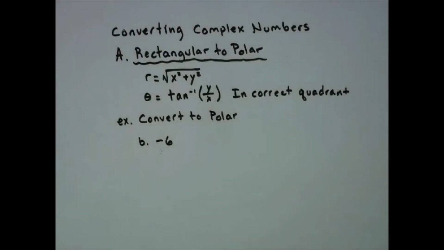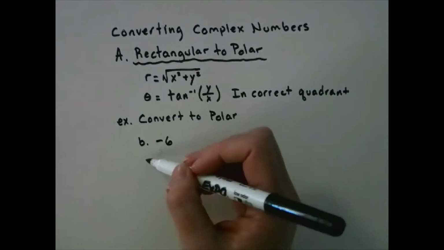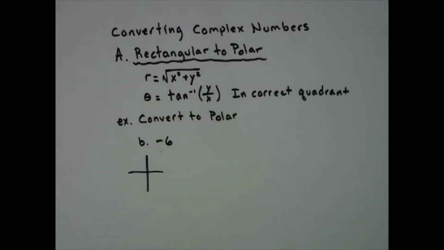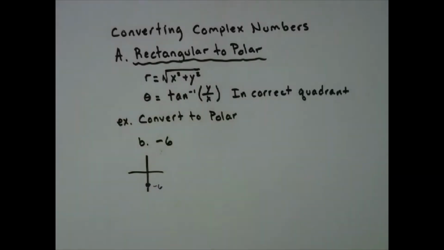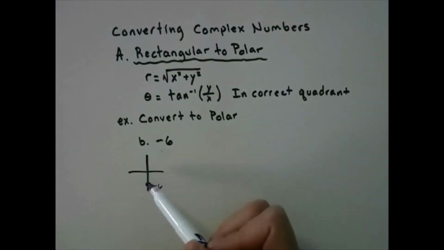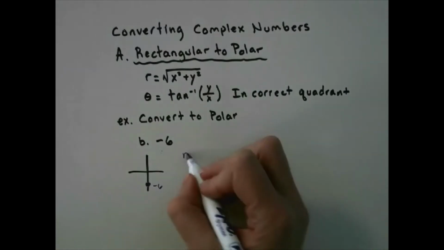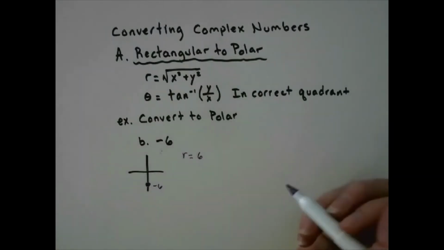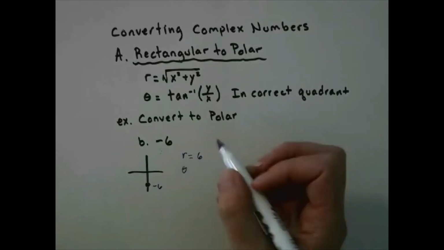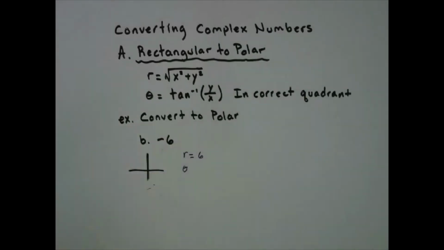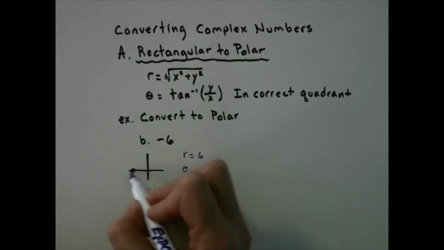Okay, now I'm going to convert negative 6 to the polar form of a complex number. Well, negative 6, if I were to graph it, would be down here. I'm not going to use the formulas, you could, but what I'm going to use is my knowledge of the polar coordinate system and how this works. So my r, the distance, is going to be 6. The absolute value of negative 6 is 6. My theta, sorry, I did 6i. Negative 6 is down here.